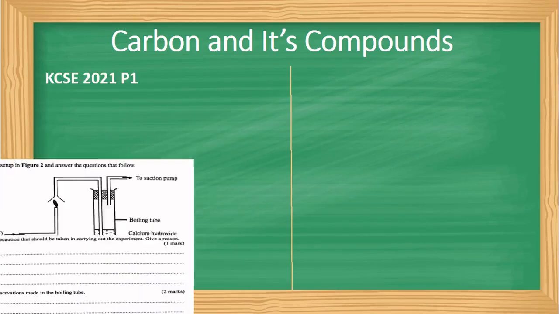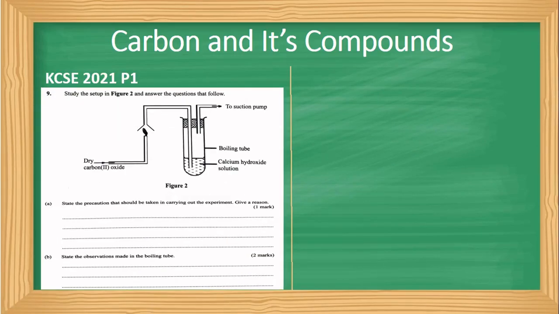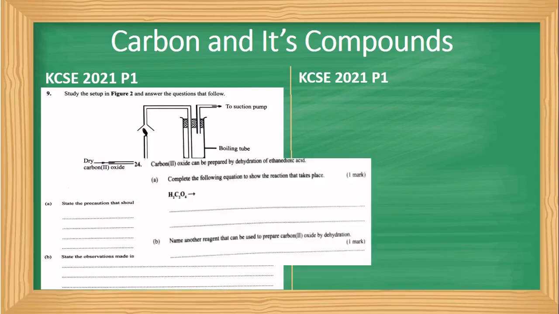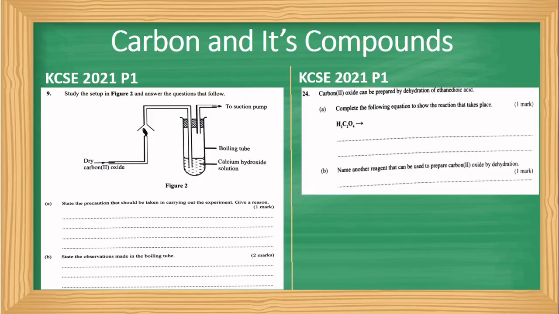KCSE 2021 paper 1. Study the setup below and answer the questions that follow. State the precautions that should be taken in carrying out the experiment. Give a reason. And state the observations made at the boiling tube. Those are questions you look at, and at some point, as I keep saying, you'll be able to come back and do all of them.